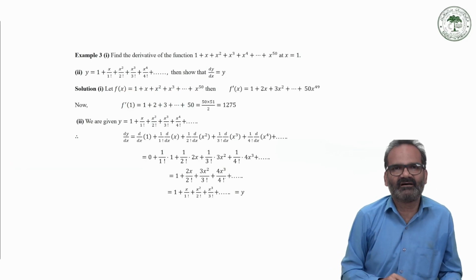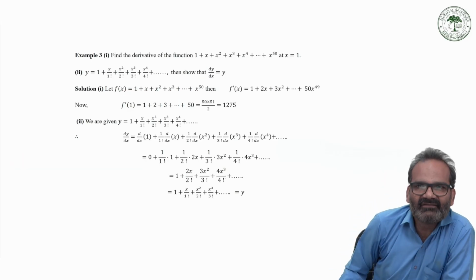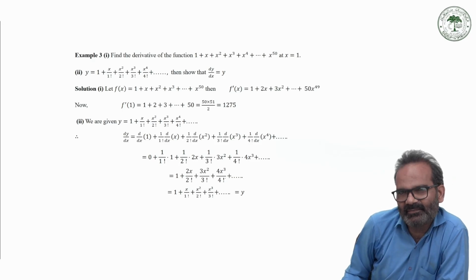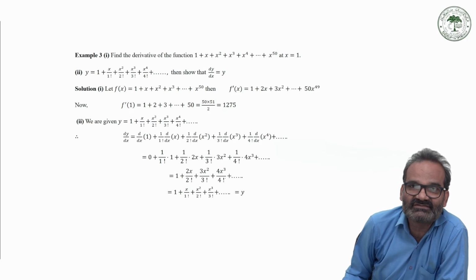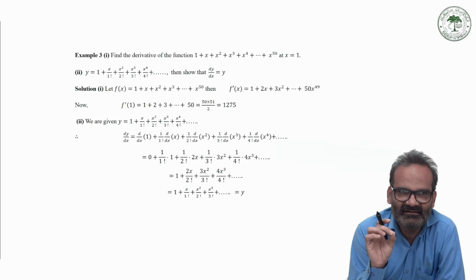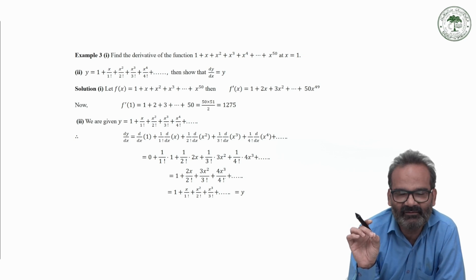Let us take this example also. Find the derivative of the function 1 plus x plus x square plus x cube plus x4 up to x power 50 at x is equals to 1. This is a sum of functions 1 plus x power 1 plus x power 2 plus x power 3 up to x power 50.